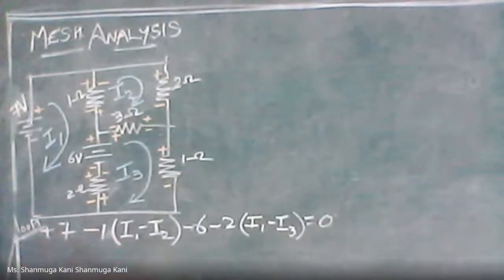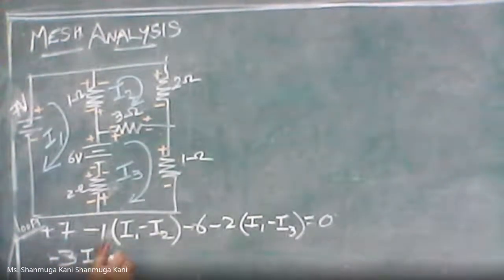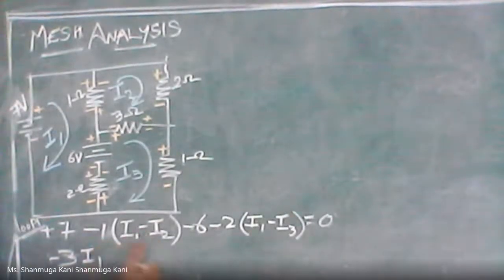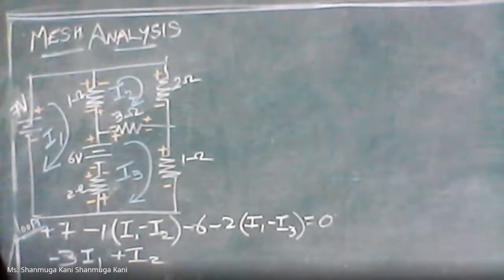So now we can separate our I1, I2 terms. Here, if you see, it will be minus I1 times how many? Minus 1 here, minus 2 here, so minus 3 I1. Then I2: minus of minus, when you multiply, is plus I2.